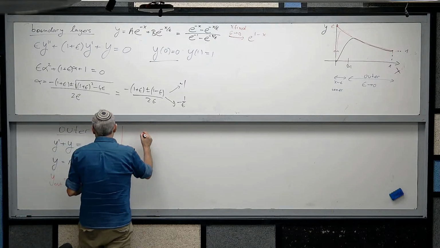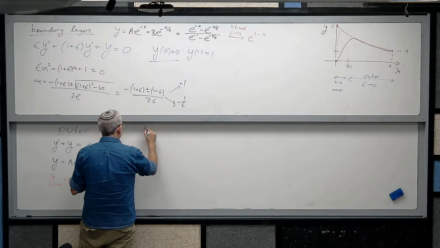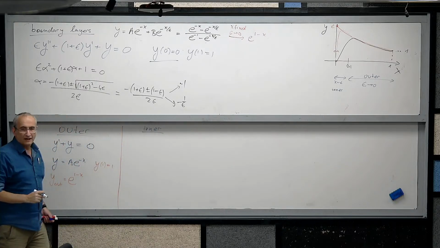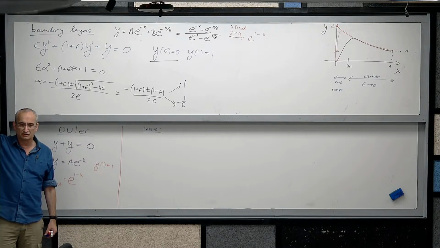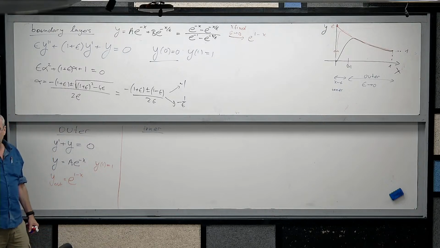Now, what will be the inner solution? In the inner solution, I am doing something like what I did before, you remember. I defined y that will be order 1, where x diverges like epsilon to the minus 2/3. So we define y as x times epsilon to the 2/3, and then y is order 1 as epsilon goes to 0.